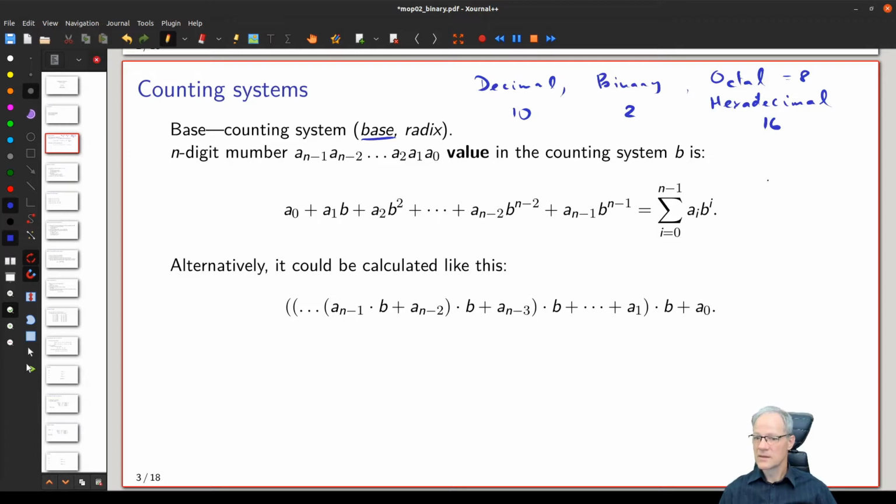Now, when we know the base, we can actually calculate what the value of a number is. What I mean by that is, if I write something like 1, 2, 3, then 1, 2, 3 is the same as, according to this formula, 3 plus 2 times 10 plus 1 times 10 squared, which is indeed 123.